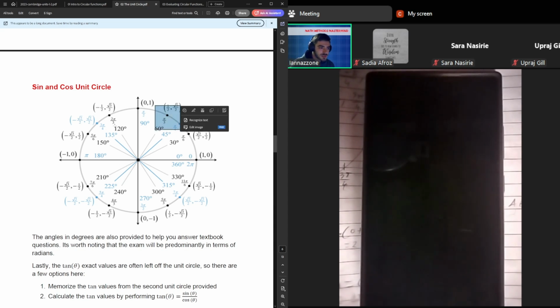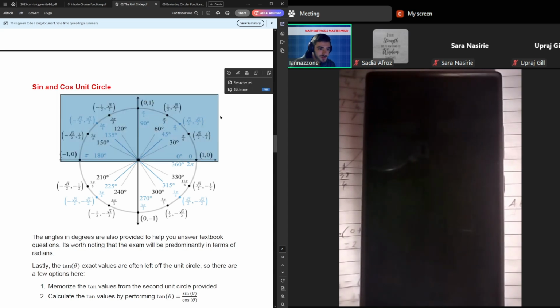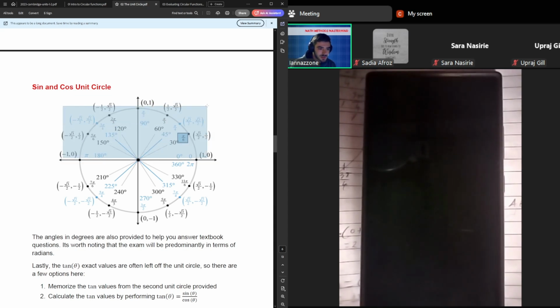So 1 pi over 3, 2 pi over 3, 3 pi over 3. Then you just do that again. 4 pi over 3, 5 pi over 3, 6 pi over 3. You're just counting around the unit circle. Pi over 4 means cut your semicircle into 4 bits. Pi over 6 means cut your semicircle into 6 bits. So that'll give you a nice way to get those angles as well.